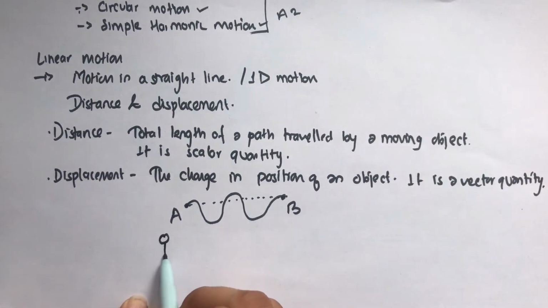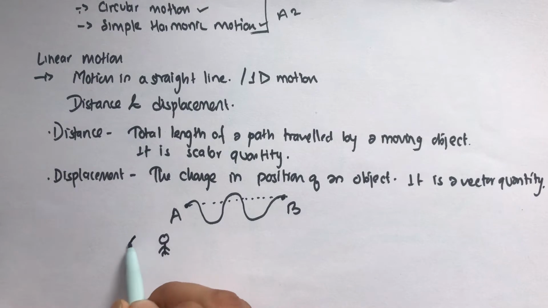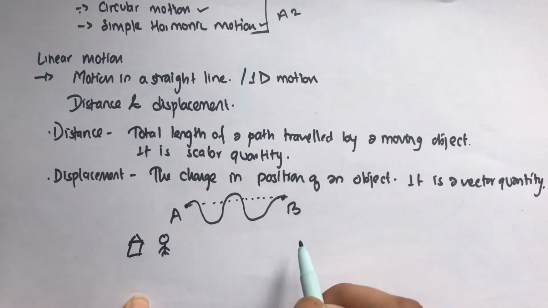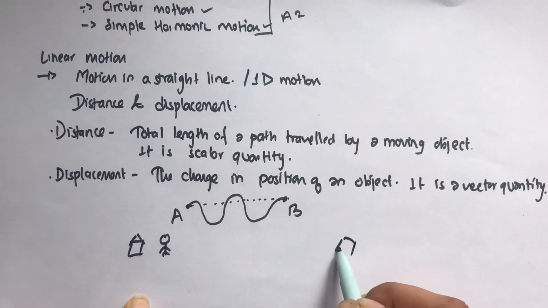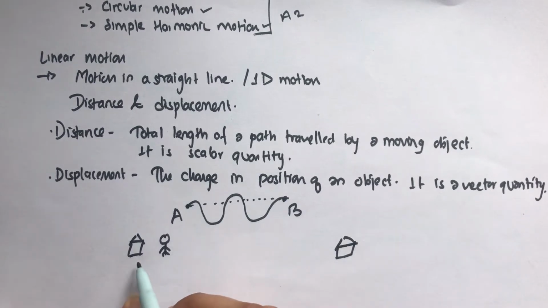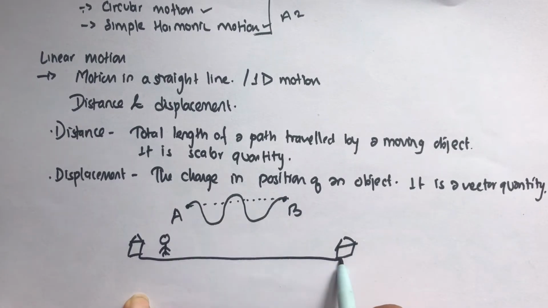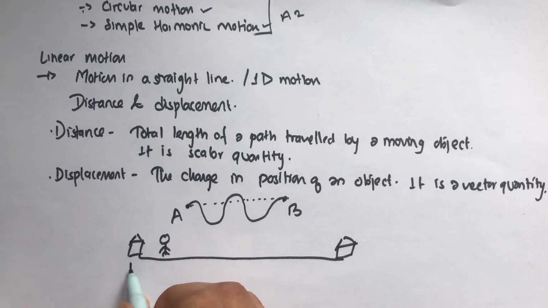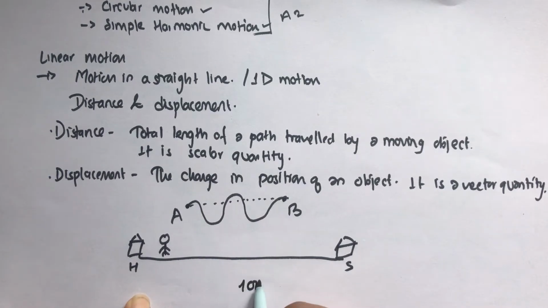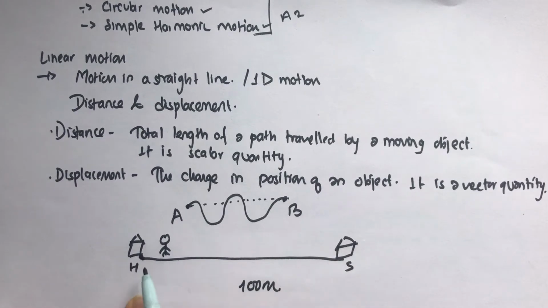Let's say there is a guy who is traveling from his home to a mall. So this is a mall for shopping. The total distance between his home and the shopping mall is, let's say, 100 meters. So the boy starts moving towards the shopping mall.